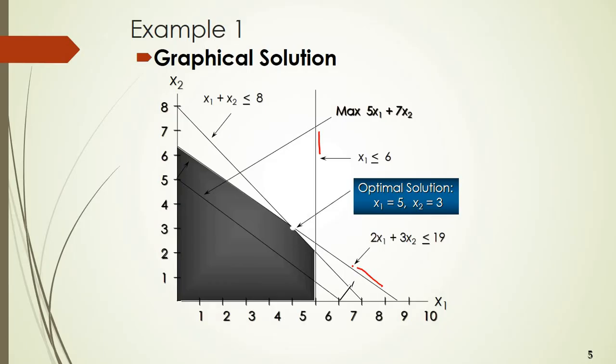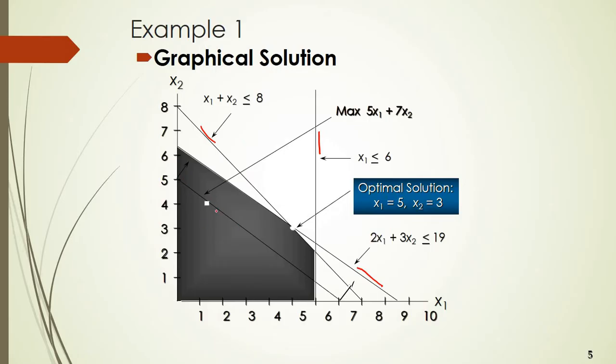that is the graphical solution for the second constraint, which is 2x sub 1 plus 3x sub 2 less than or equal to 19. And then the last line we have here is the graphical solution for the third constraint, which is x sub 1 plus x sub 2 less than or equal to 8. How about this line?